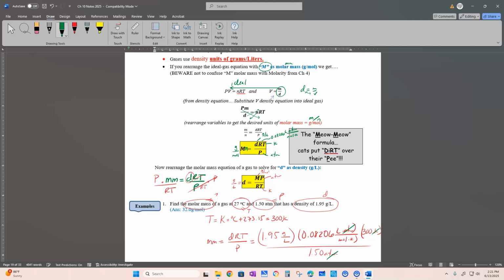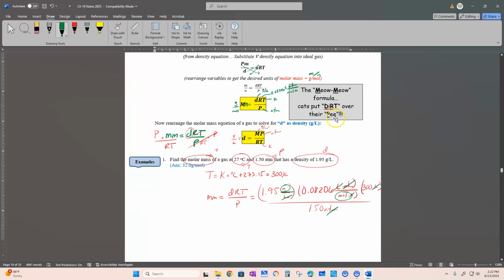K cancels with the K on the bottom. Liters, top versus this bottom. And look what you have, grams over moles. So we're going to plug in, and it looks like 3 sig figs. And we get 32. So with 3 sig figs, my molar mass is 32.0 grams per mole. If we had a chemical, then we would put the chemical right after the units.